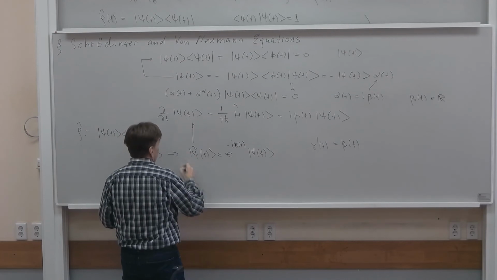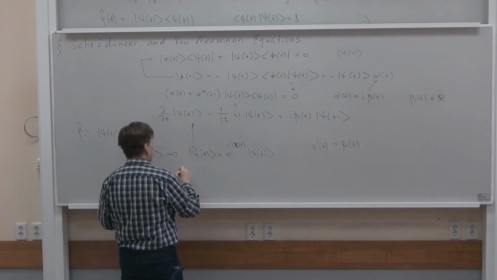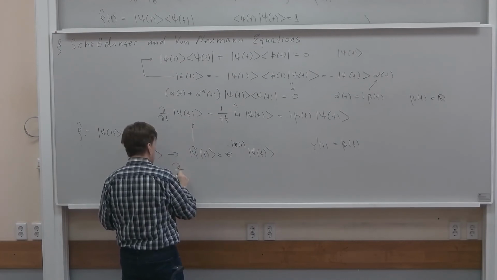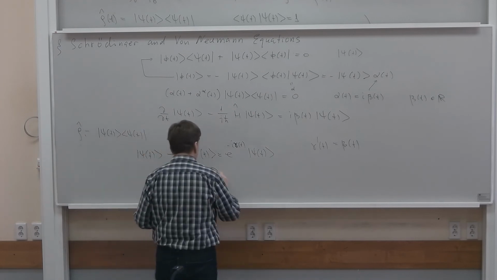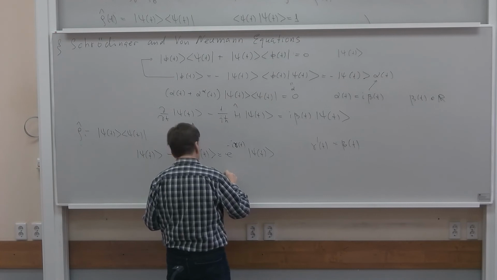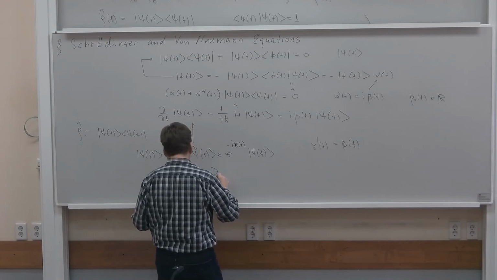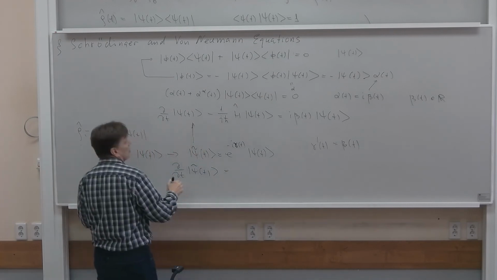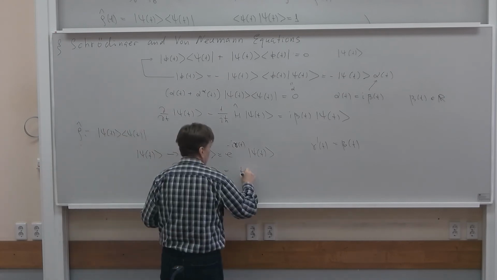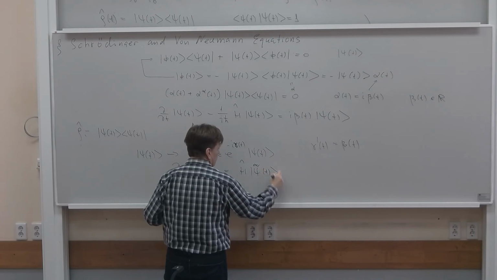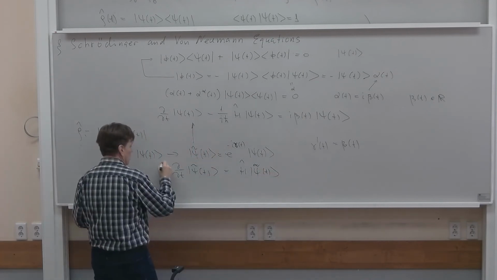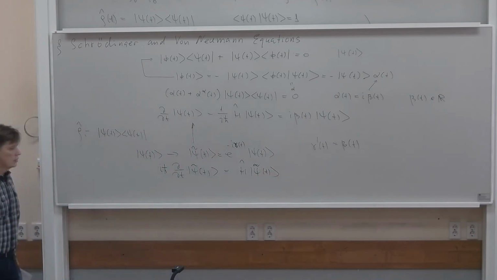So in terms of this new function psi of t, our initial equation takes the form d by dt of psi of t is equal to H of t times psi of t divided by i h bar.